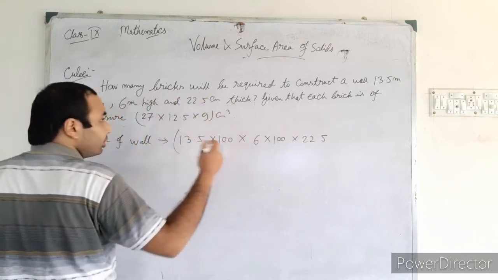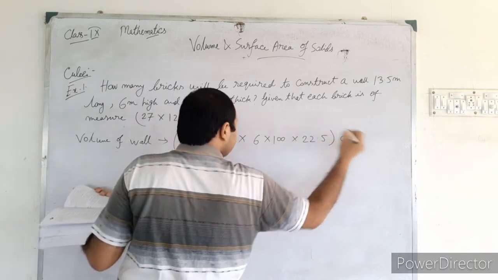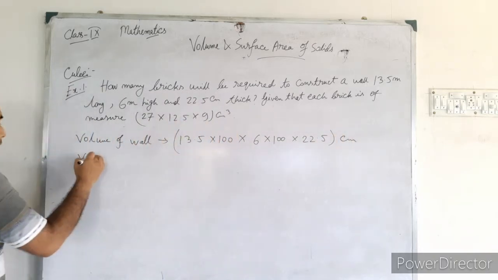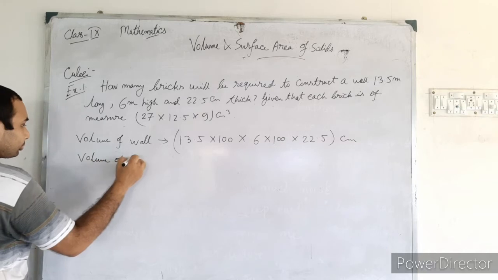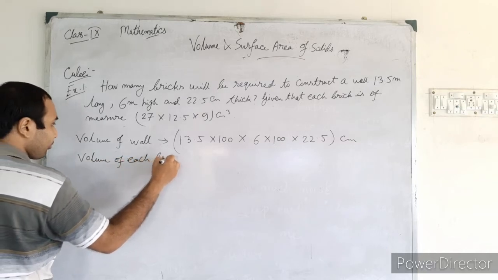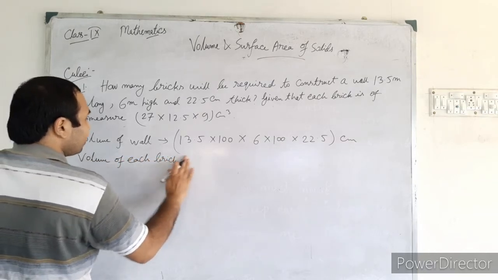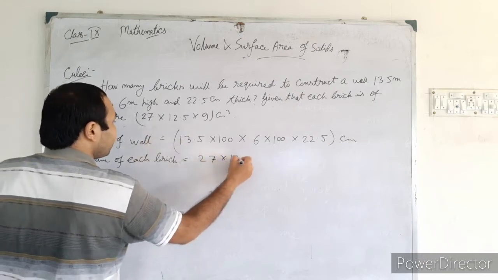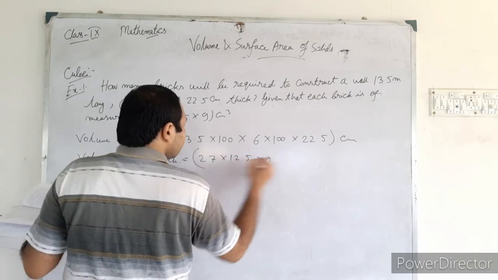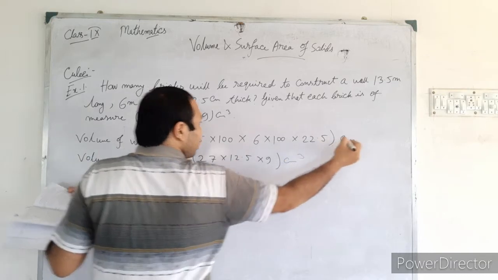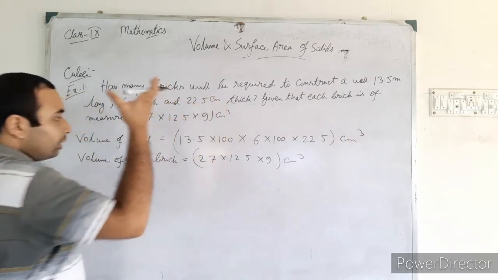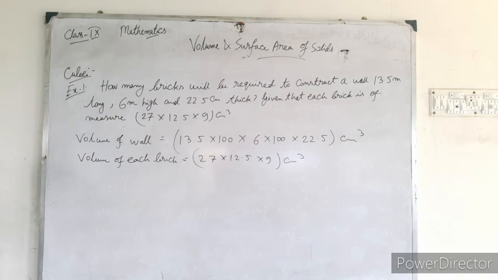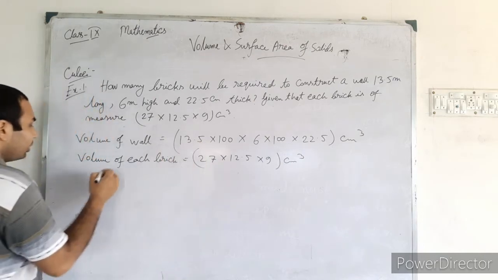This is in centimeter, so we have to keep it like this. Now the volume of each brick is already given: 27 into 12.5 into 9 centimeter cube. Now we have both the volumes in centimeter cube. Now let us just divide this and we will get the result.